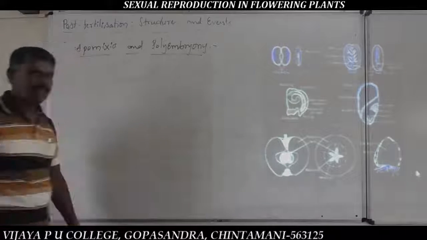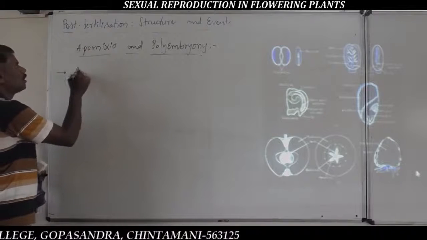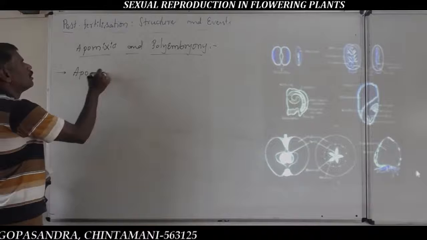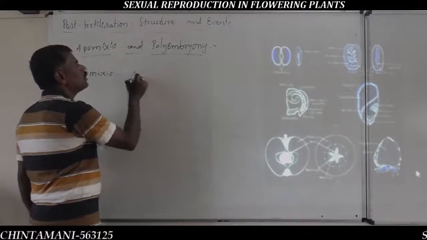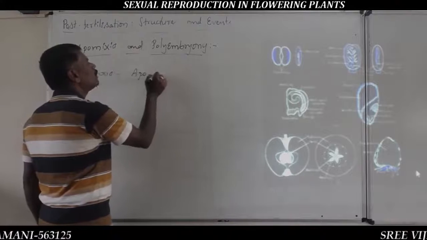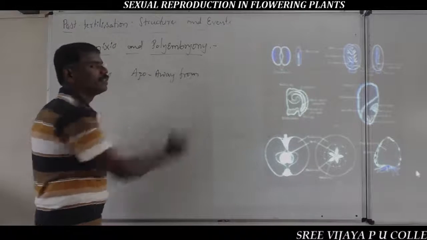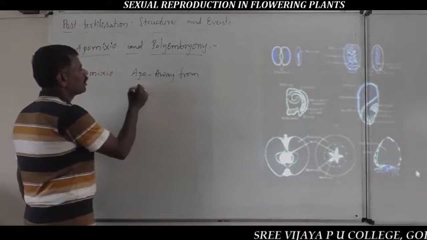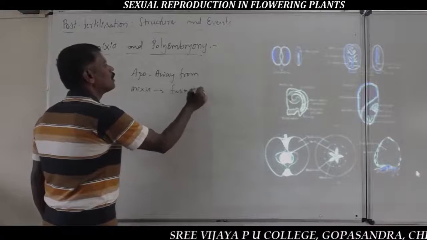So it is apomixis. Here, apo is nothing but away from. Mixis is nothing but fusion of gametes.